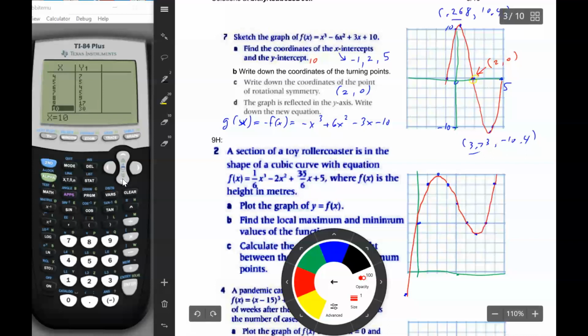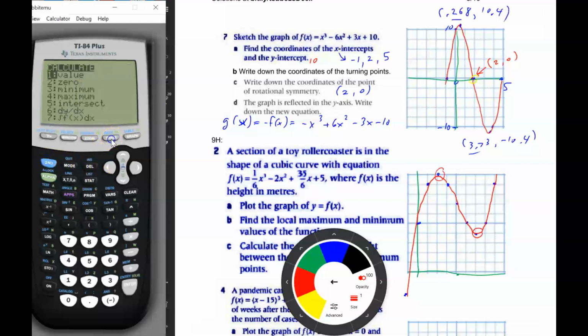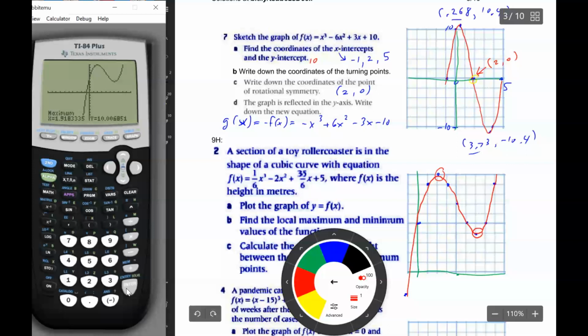Find the local maximum and minimum values of this function. So in this particular case, I believe that the maximum and minimum are here, but just to make sure, we'll do second calc maximum. And the right bound is over here. Oh, actually, it's not there, is it? Okay, so it's a good thing I tested that.